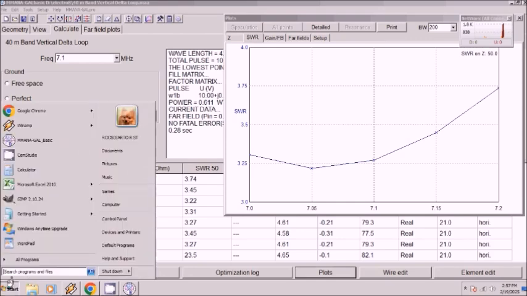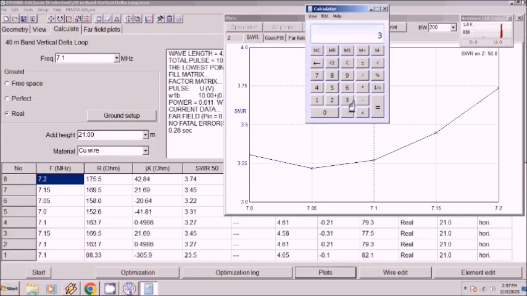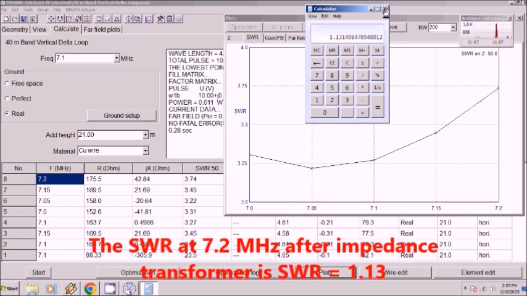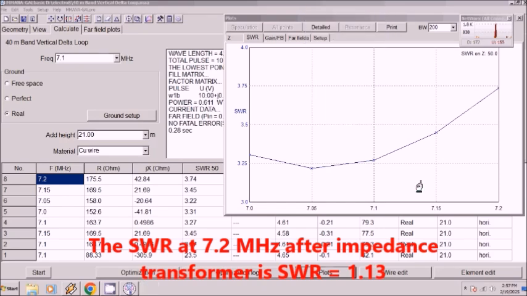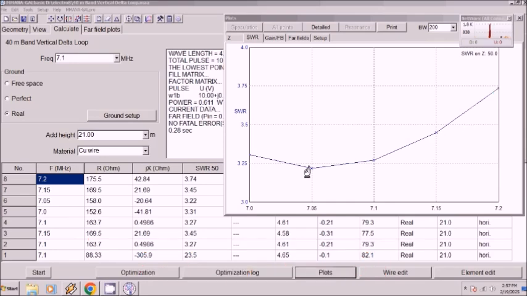Open calculator: 3.7 divided by 3.27. This SWR is 1.13. At the joint between the impedance transformer and the coax, the SWR is 1.13 here, 1 here, and 1. Very, very flat, very wide bandwidth. So this is a good antenna.